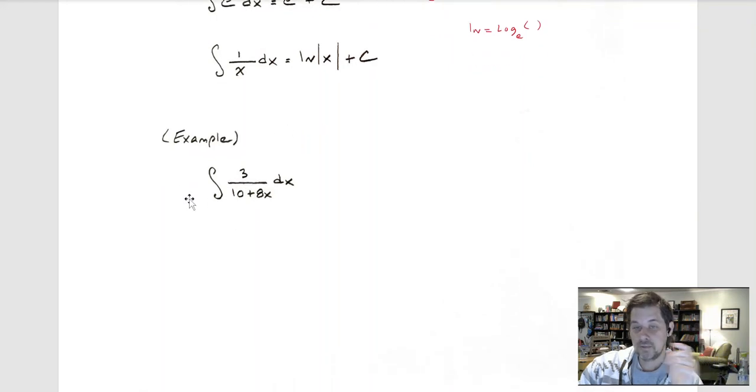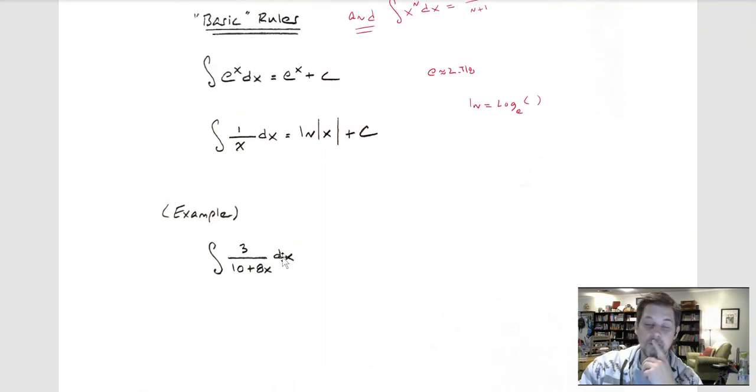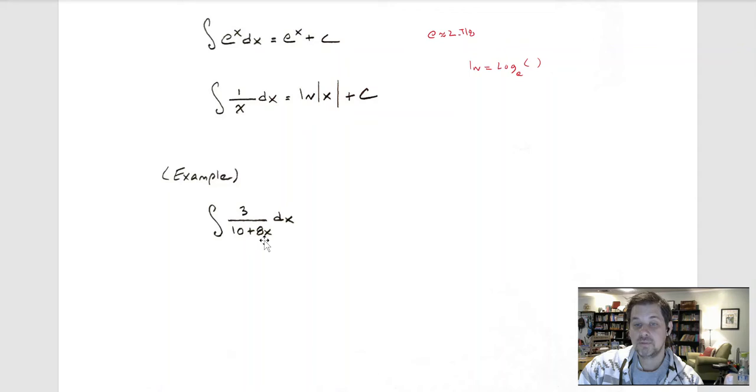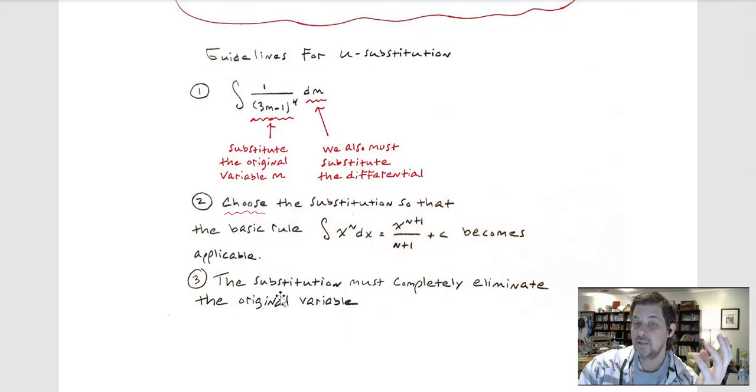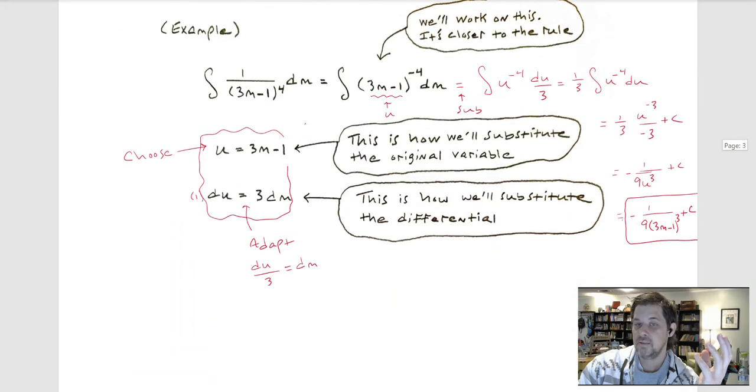So here's a problem that ultimately we can work with substitution, but as it is, it's too complicated for these basic rules to apply. So what we need to do is figure out a way to make a substitution like I showed you in other problems. The goal is to choose a substitution for u.